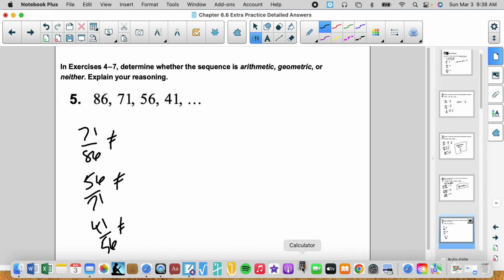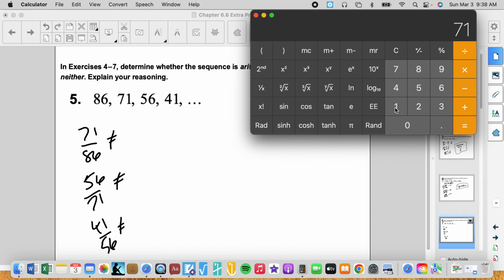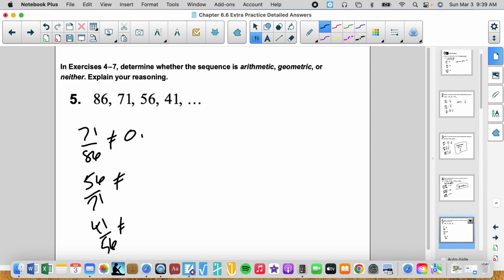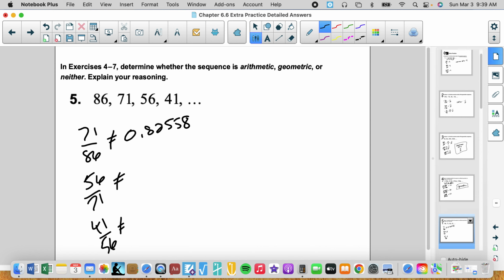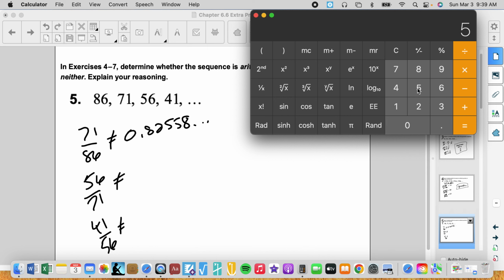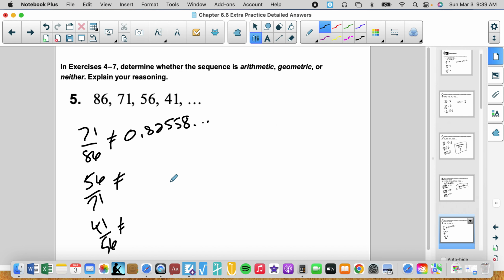Here's a nice way using technology: 71 divided by 86 gives 0.82558, and 56 divided by 71 gives 0.78873.